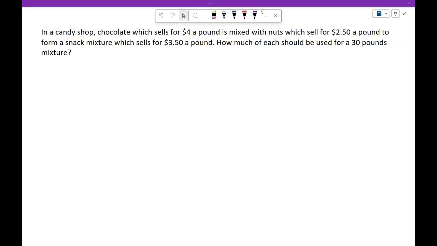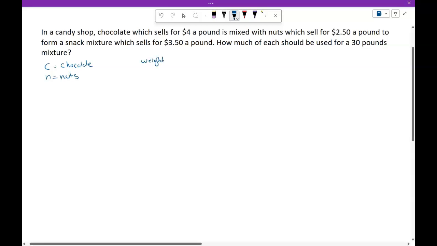So generally speaking, what we're looking at in a much broader sense is that we are mixing chocolate and nuts. And so we can use those as our variables, or you can use x and y. And so when we're mixing stuff together, just like before, however much weight of chocolate that we have, plus the amount of weight in nuts that we have, has to equal the total weight that we're trying to get.